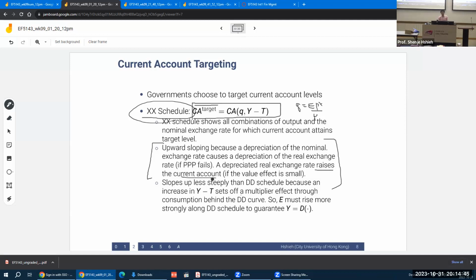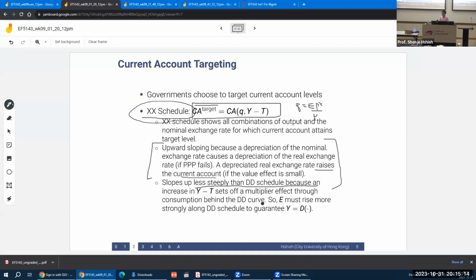So as E increases, Q increases, and current account increases, and then therefore Y increases, right? But it slopes up less steeply than the DD schedule because it's missing that consumption part of aggregate demand.